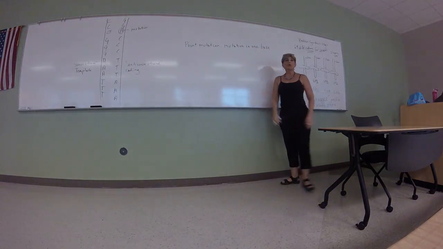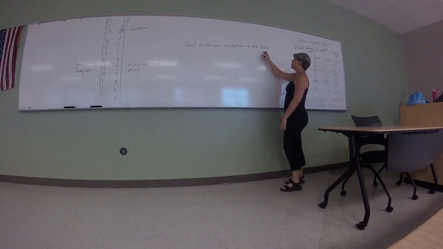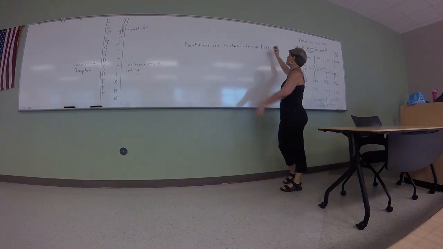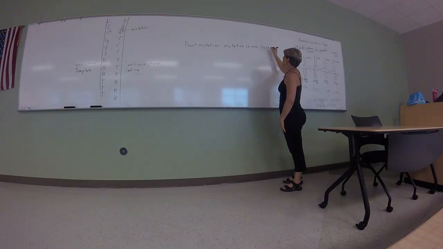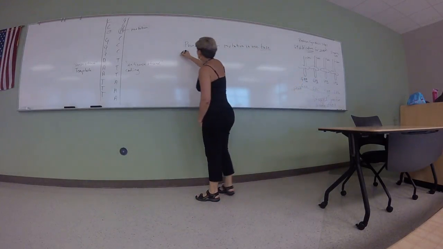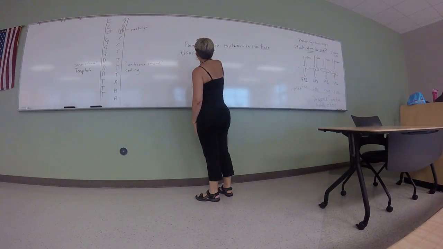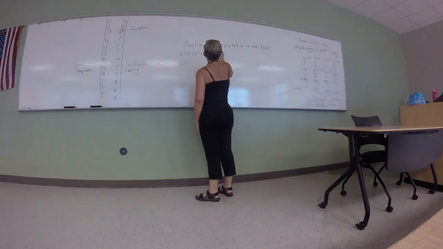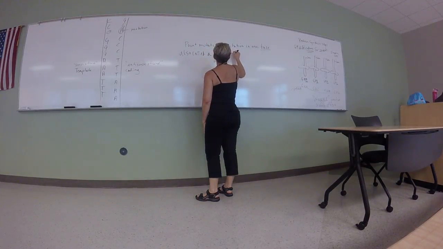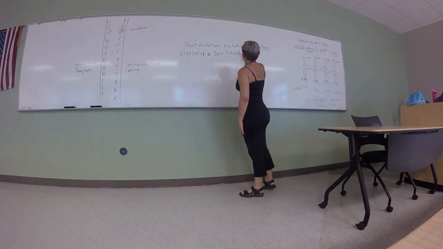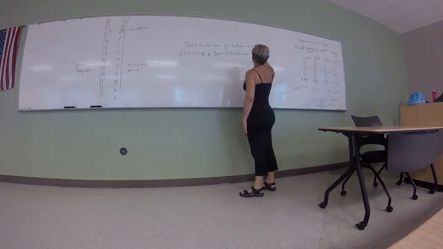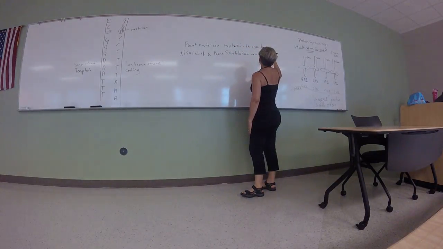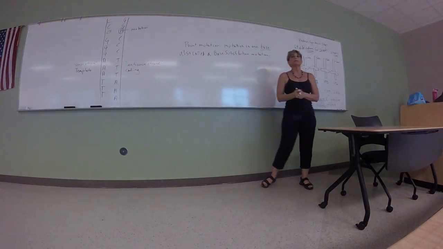And what are the letters called? Bases, right? What are the bases? A, C, T, G, whatever. It occurs in one base. Therefore, it's also called a base substitution mutation, because it happens at one base or one point.